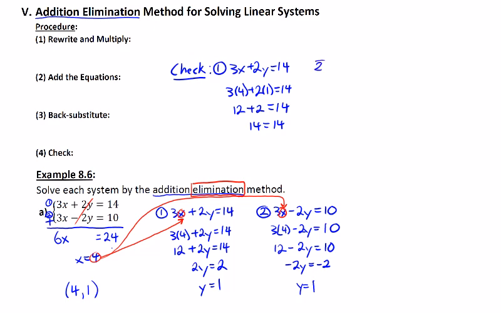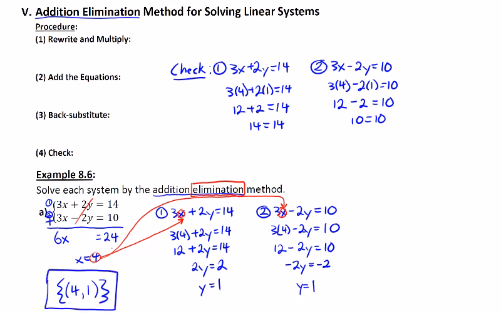Second equation needs to be checked as well. We want to be thorough here. 3x minus 2y should equal 10, so that'll be 3 times 4 minus 2 times 1. That's going to be 12 minus 2, which does give me a true statement, 10 equals 10. So there we go. That verifies our result, and I will put it in a solution set and box it in as my final answer.